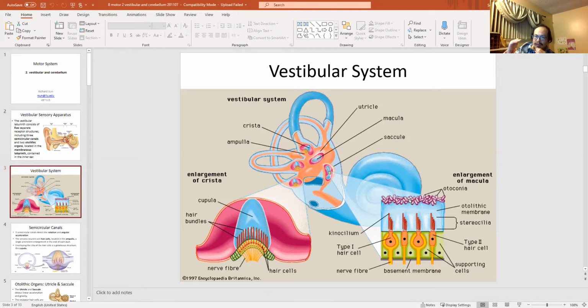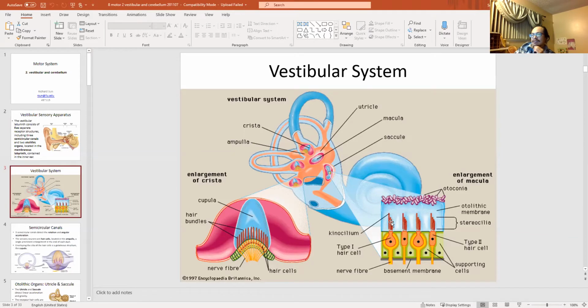So say we lay down, then this will pull the gelatin toward the lower area, right, and that will trigger this hair cell. So even though we simply change location relative to gravity, we can detect it. We can send a signal from the hair cell.